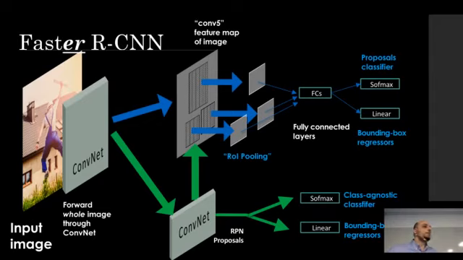Does the region proposal method give you one bounding box per pixel? Not per pixel. I don't get the question.